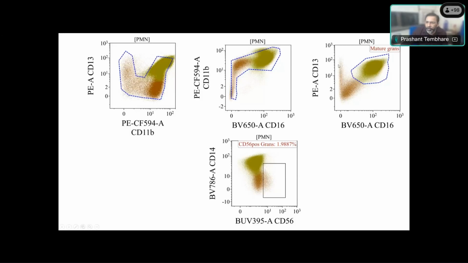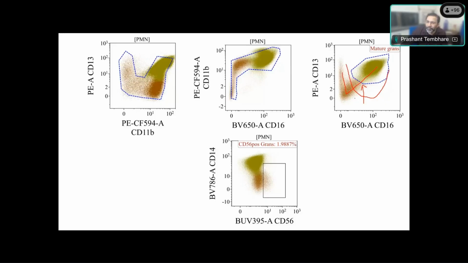And here also, if you look at CD13 and CD16, usually it goes like this, but clearly instead of that it is going like this. So this angle has been shifted. That means there is some overexpression of CD13.